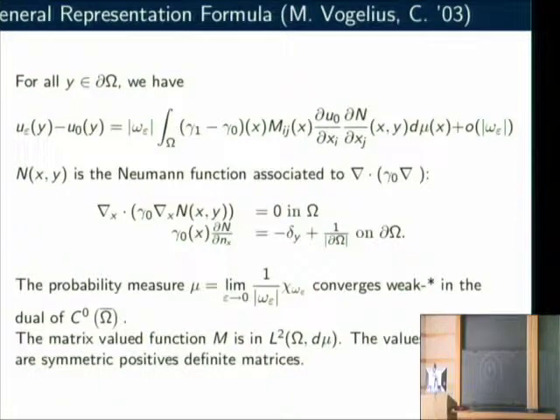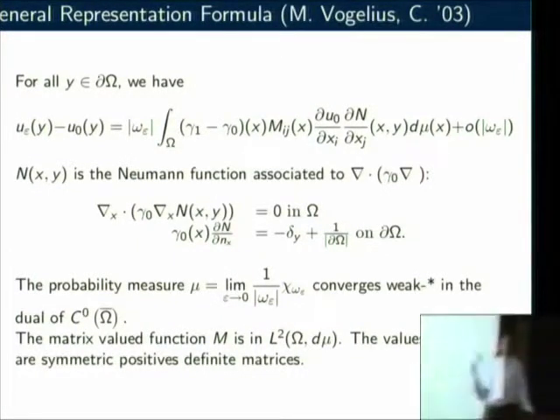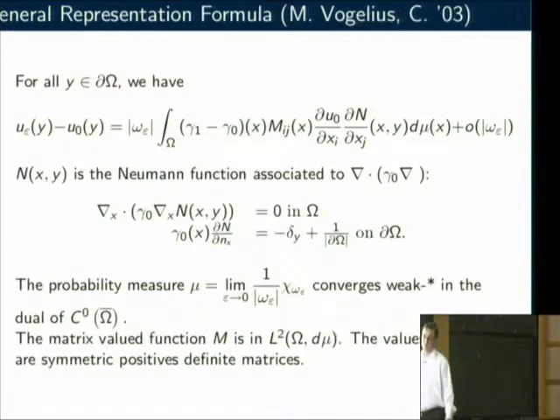But imagine that it's a few objects, say that in the limit mu is concentrated in, say, 10 points. Well, you have a Dirichlet to Neumann map, which now you have represented as a finite range operator with a range 10, I mean, at first order in terms of volume.